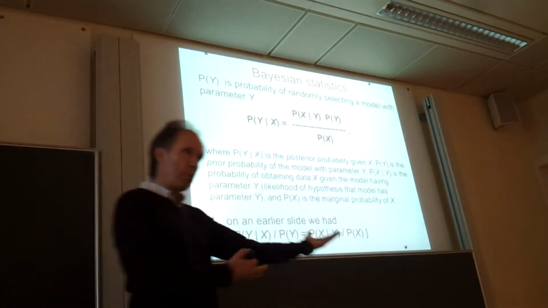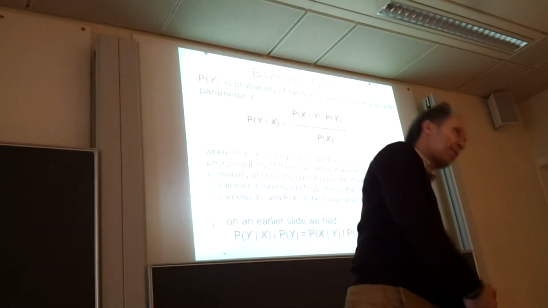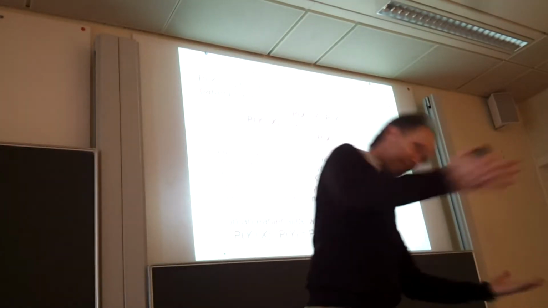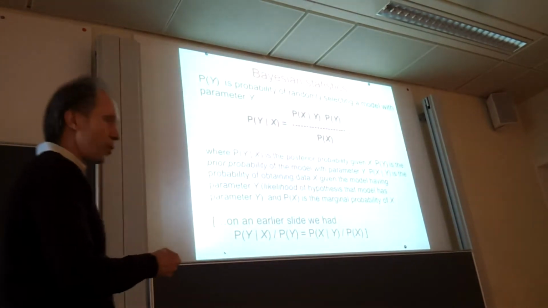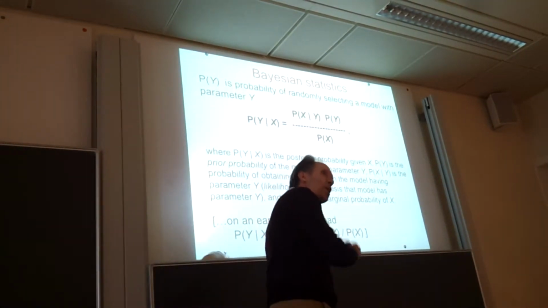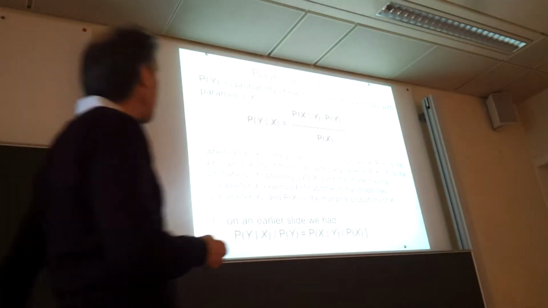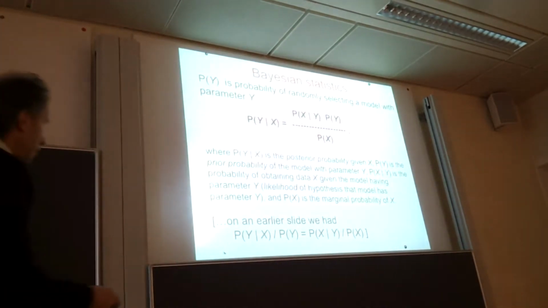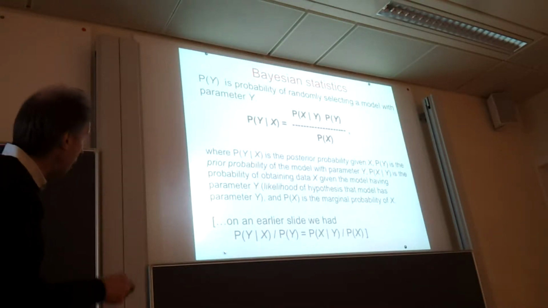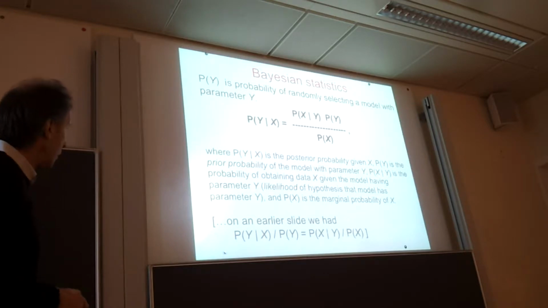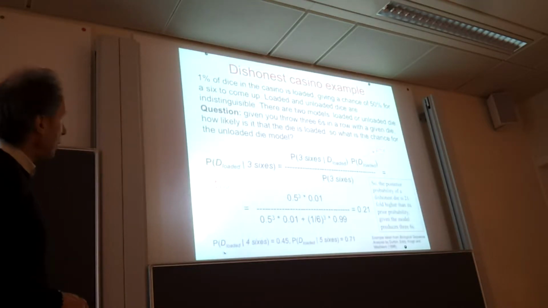Or you say, no, he's going one after the other: one with the die, then he makes the next series in his head, and then again the die. That would also of course have an influence. This is called prior probabilities. What do you know in advance? That is where the word prior comes from. Okay, so this was on an earlier slide, and then you see if you divide everything by P(X), you get this. Okay. So here we go.